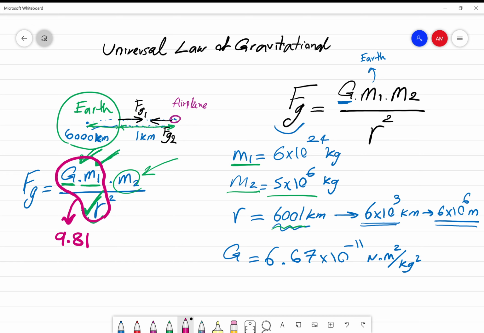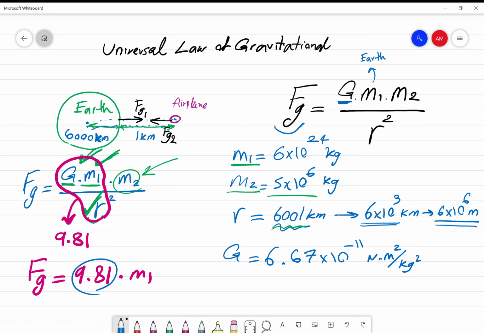So suddenly, the force of gravity only involving Earth, remember, this is only if Earth is one of the objects, suddenly our equation could become shorter. Fg equal to 9.81 times the mass, which is our famous mg. So this is where F equal to mg came from. Its original equation is the universal law of gravitation.